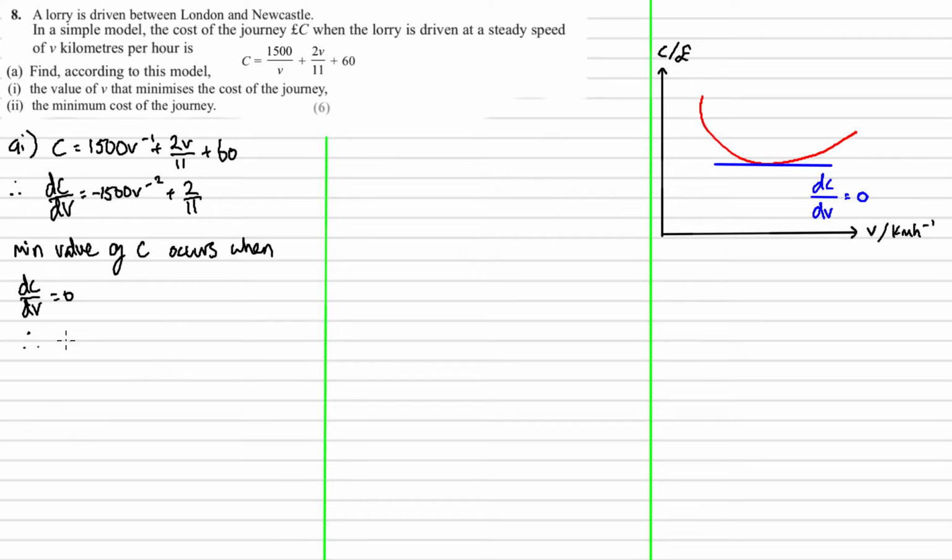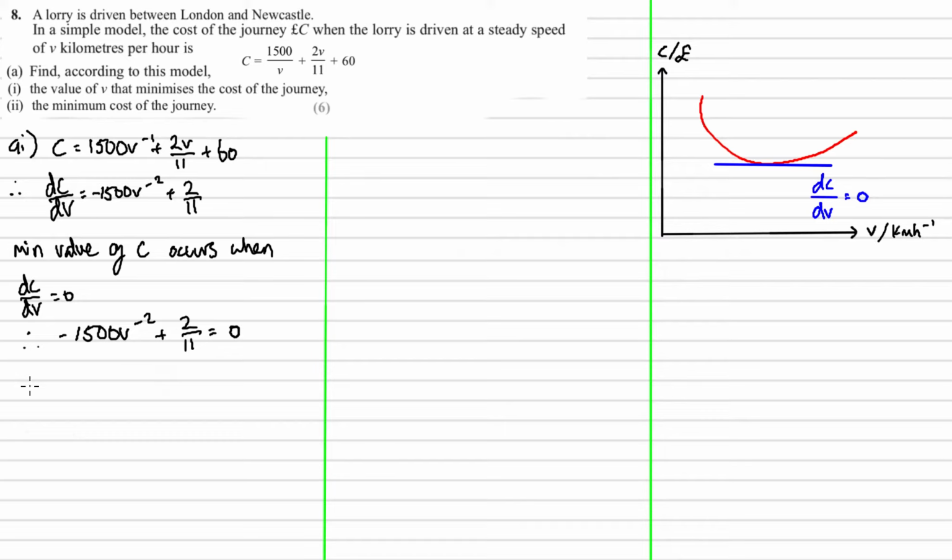Because dc by dv equals 0, minus 1500 v to the minus 2 plus 2 over 11 also equals 0. Now it's just going to be simply about rearranging this equation to solve for v, and that will answer the part 1.